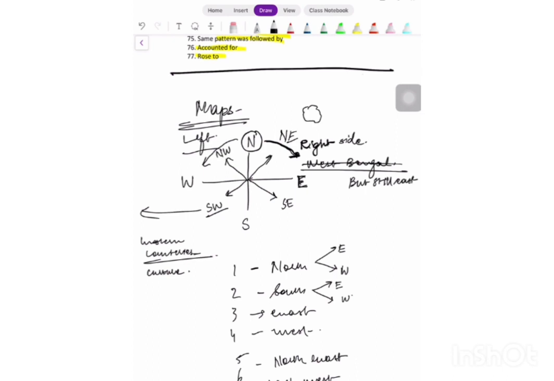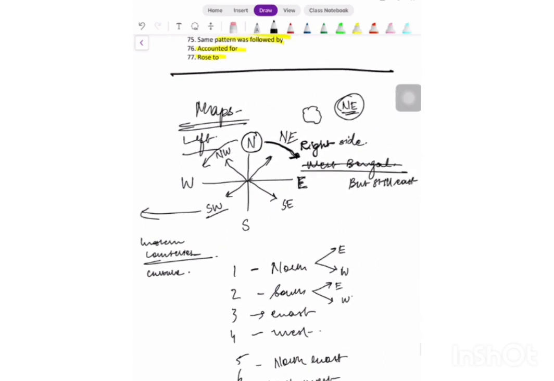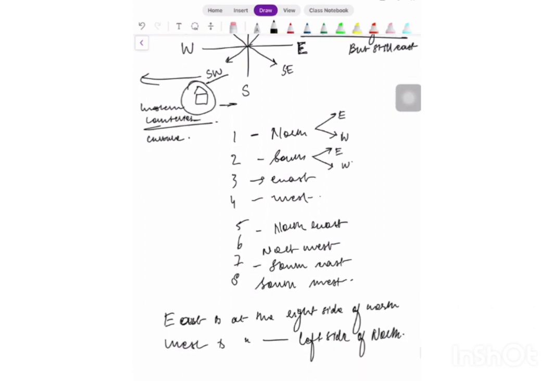The pond is located at the northeast corner. Okay, the pond is located at the northeast side. This will be your answer. Then suppose I say that there is a villa located in this direction, what will this direction be? It will be the southwest direction.